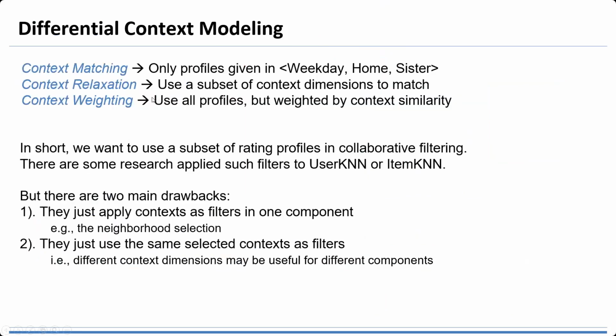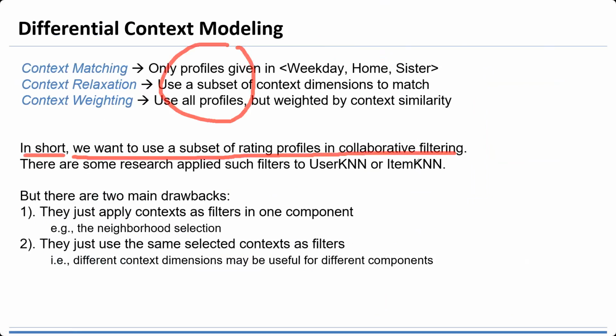Let's look one by one. In short, it is the same with the previous one. In short, we want to use a subset of rating profiles in the collaborative filtering. So the idea is still using the collaborative filtering. Do you still remember the collaborative filtering?